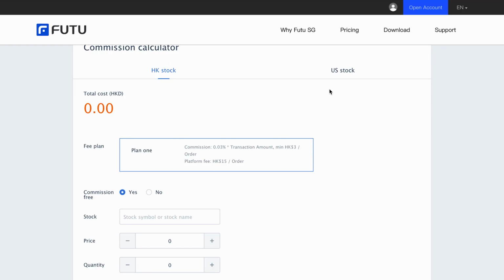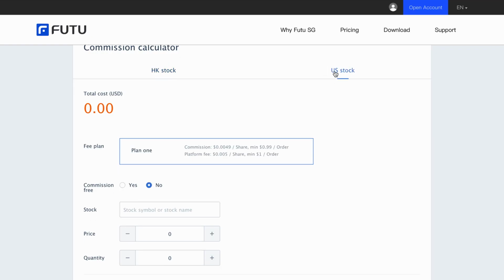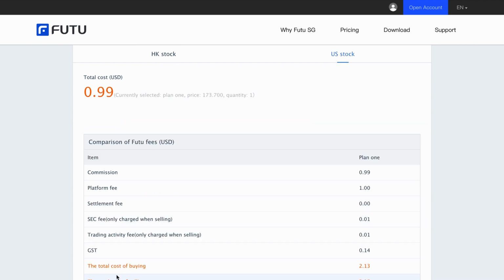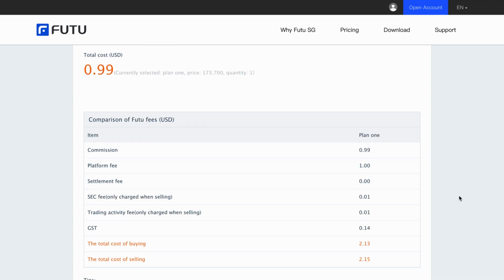Cost and transaction fee. Keep in mind that there are still transaction fees with Moomoo. There is a handy calculator on Futu Singapore's site to calculate how much it would cost you to buy a stock, and the fees are broken into various categories, such as commission, platform, settlement, SEC fee, trading activity fee, and GST.